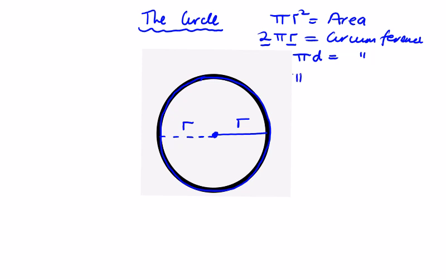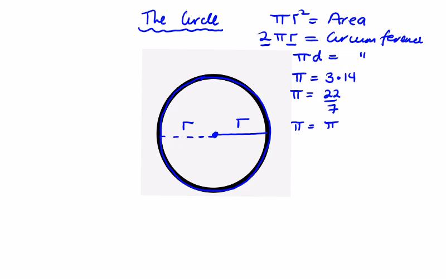And this pi, when we're dealing with circles, can be the number 3.14. Pi can be the number 22/7. We're not going to go into the history of pi in this lesson. And pi can also be the symbol pi, which you will find in different places on your calculator.